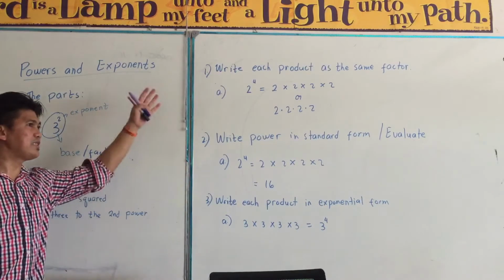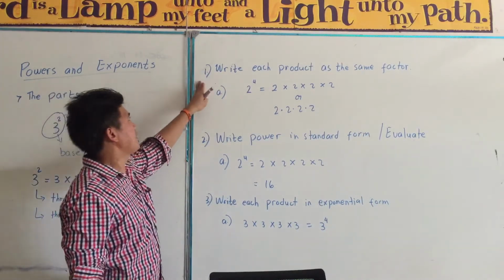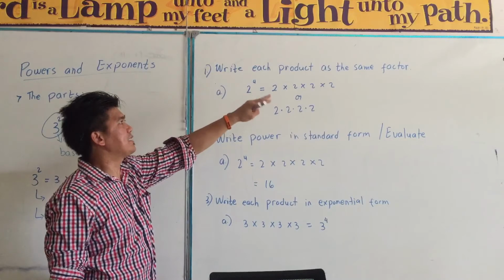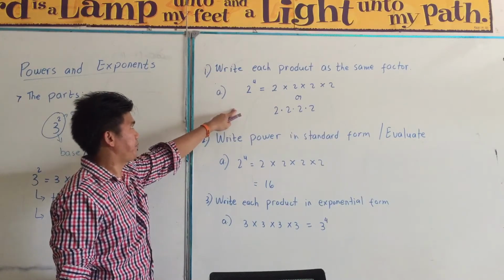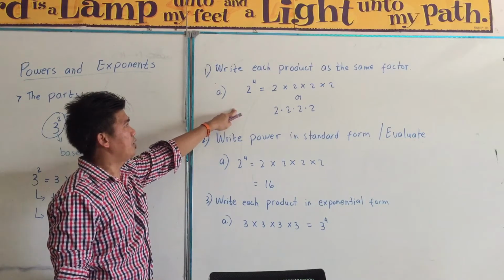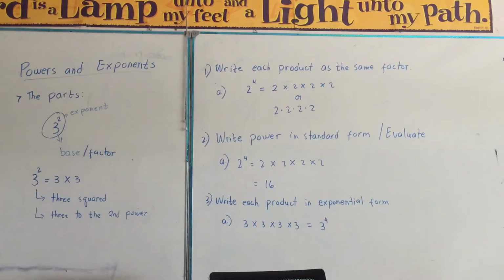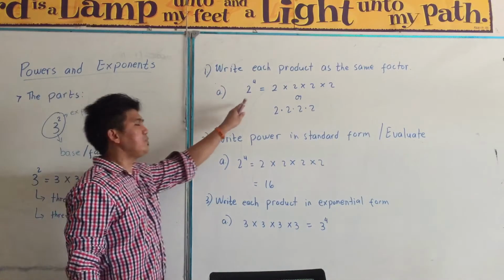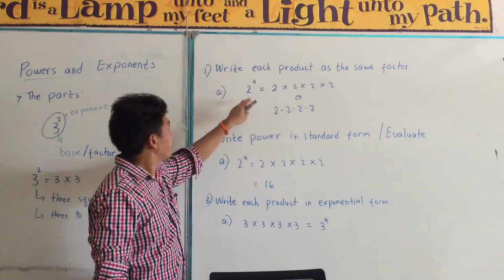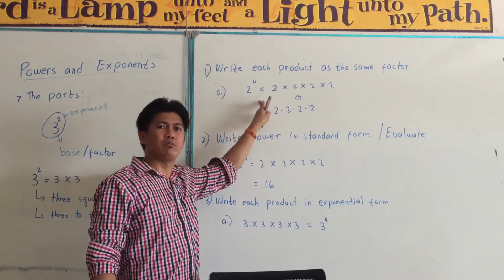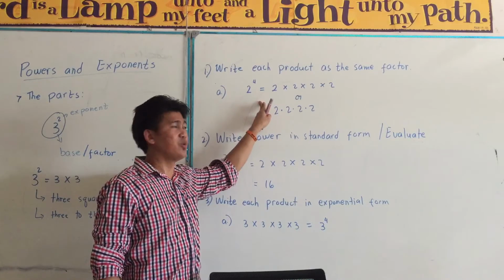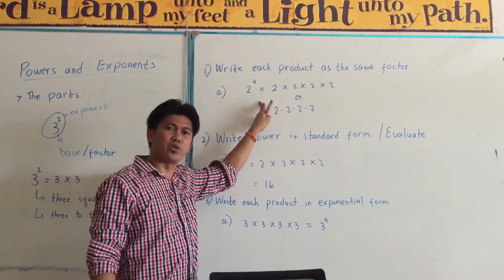So let's take these examples. For example, write each product as the power of the same factor. So that is 2 to the power of 4. How do we write this as the product of the same factor?